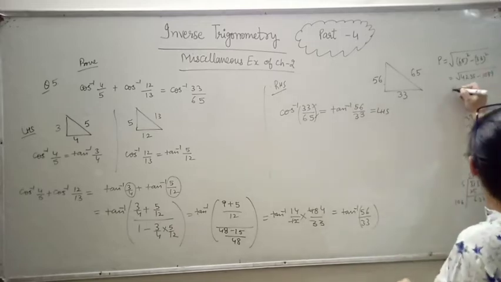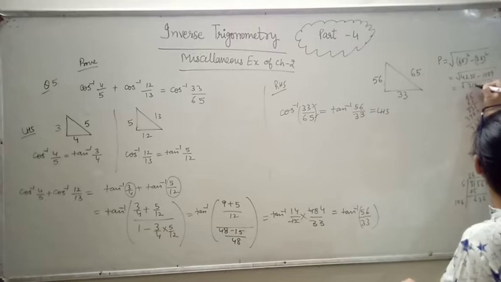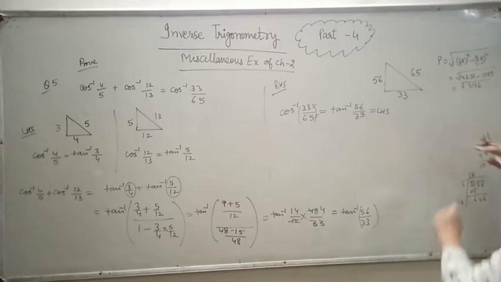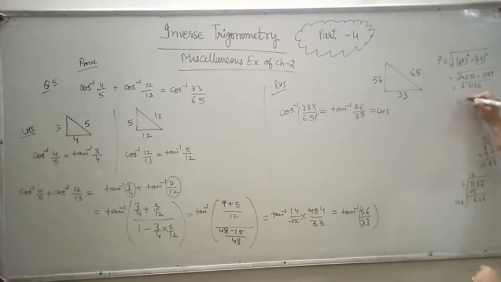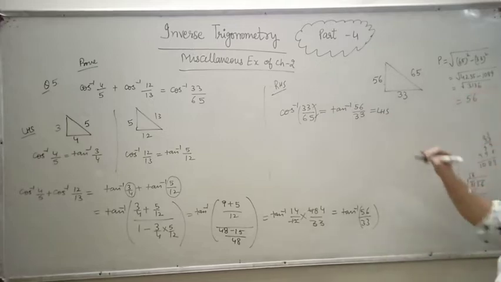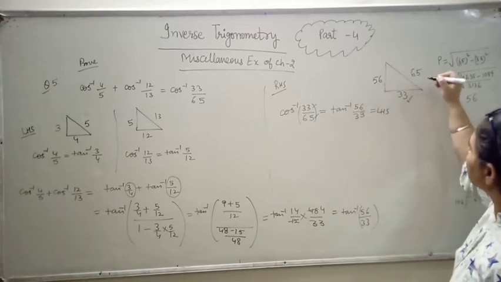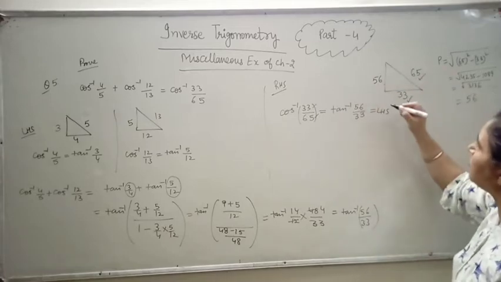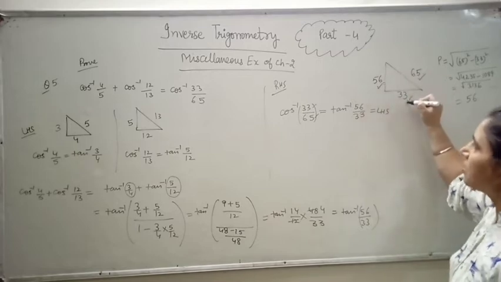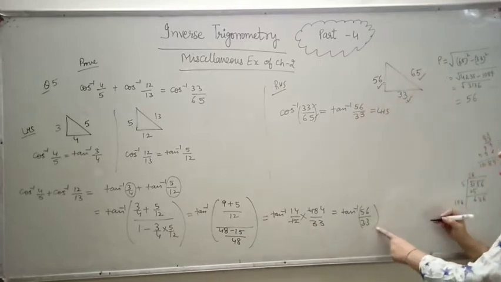And when we subtract these two, it will be 3136. And when you take square root of this, the square root is 56. So this is 56. So now cos inverse 33 by 65 would become tan inverse 56 by 33, and that is equal to your left hand side.